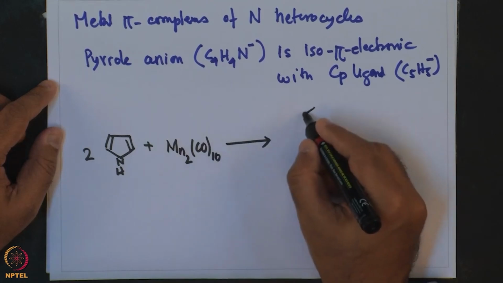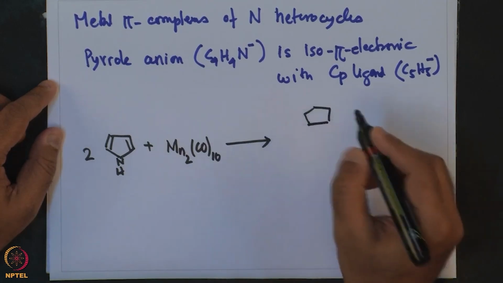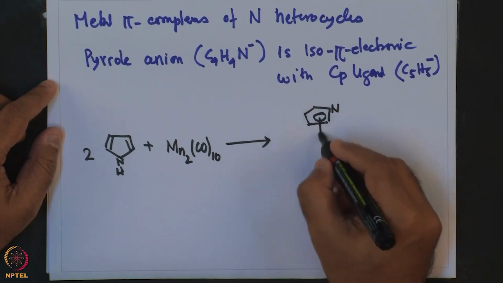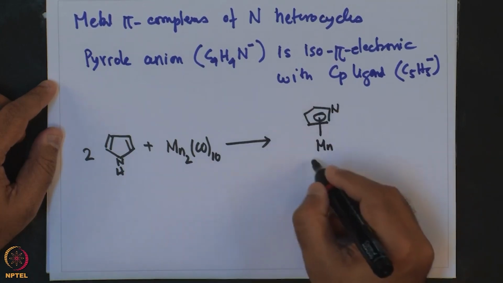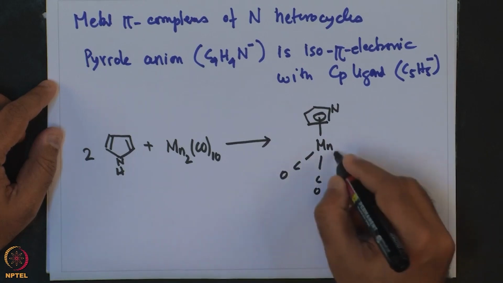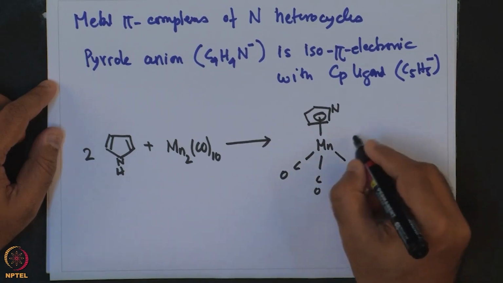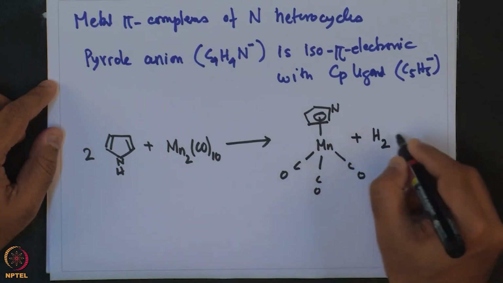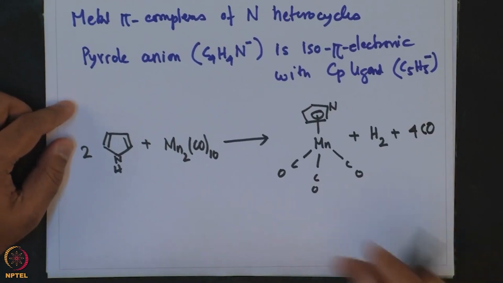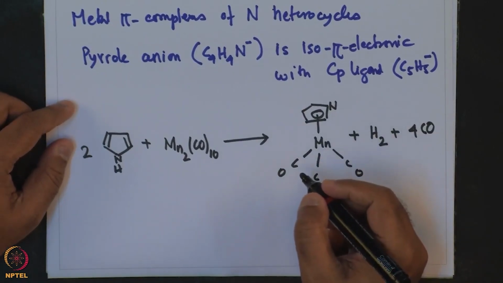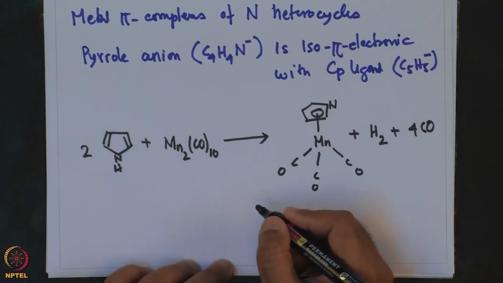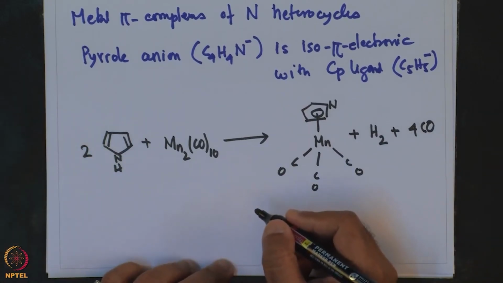giving pyrrole bound manganese complex plus H2 plus 4 CO, and this is commonly referred to as a cyclopentadienyl complex.